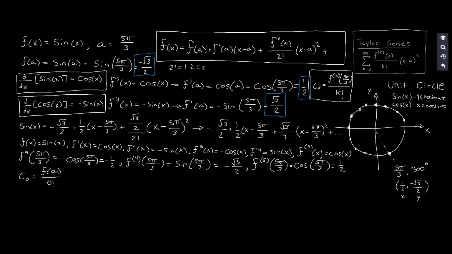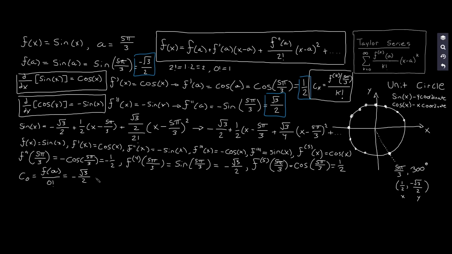We know that f of a equals negative root 3 over 2, over 0 factorial. 0 factorial equals 1. So this is just negative root 3 over 2.